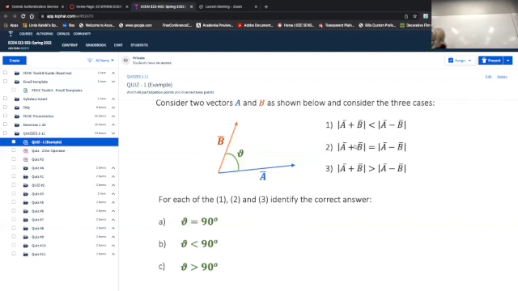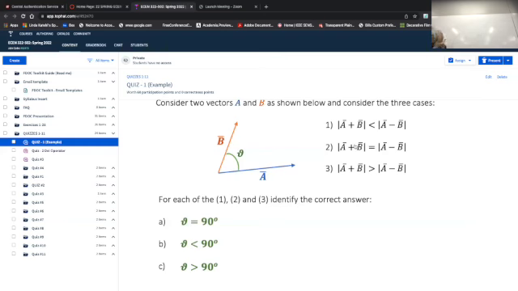The only thing is, what is the difference between these two, between this entity here and this one? The difference is that vector B, in this case, has flipped its direction. If in the first case it's going like that, in the second case it has flipped its direction, it's going like this. But in reality, it's the sum of two vectors.